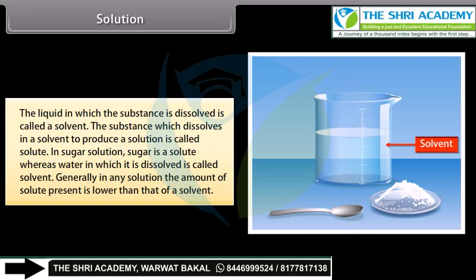The substance which dissolves in a solvent to produce a solution is called solute. In sugar solution, sugar is a solute whereas water in which it is dissolved is called solvent. Generally, in any solution, the amount of solute present is lower than that of a solvent.